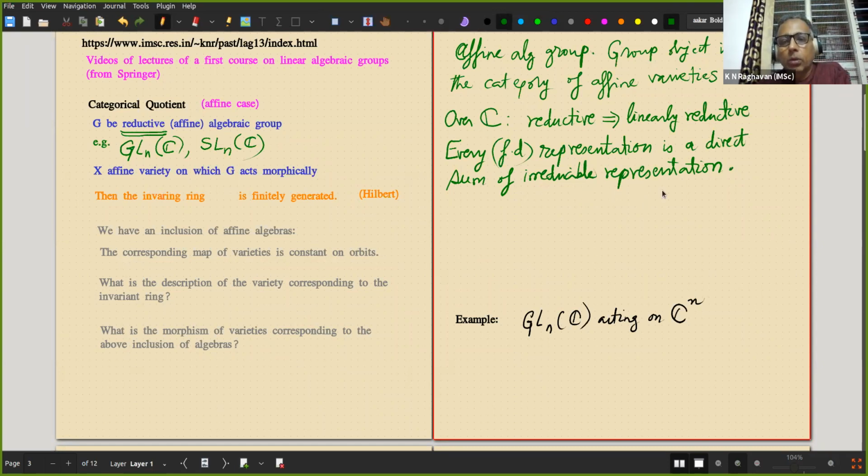We'll come to that slightly later, but this is what it means for a group to be linearly reductive. And this is equivalent to another thing, that every sub-representation has a complement.